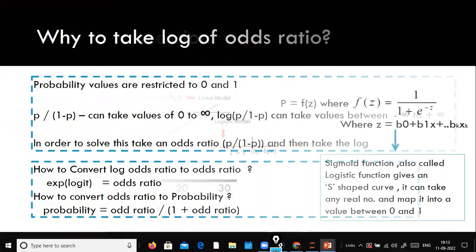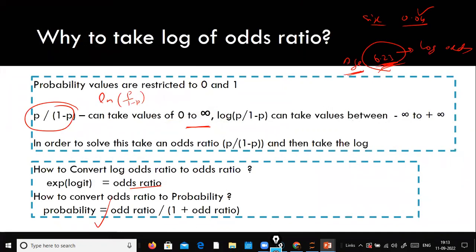You remember previously we have seen the negative values, and values more than 1 also, right? So if you take the log of p over 1 minus p, it can take any value. Then you will find the slope value and intercept value in terms of log odds, and to convert the log odds, you can take the exponentiation of that.